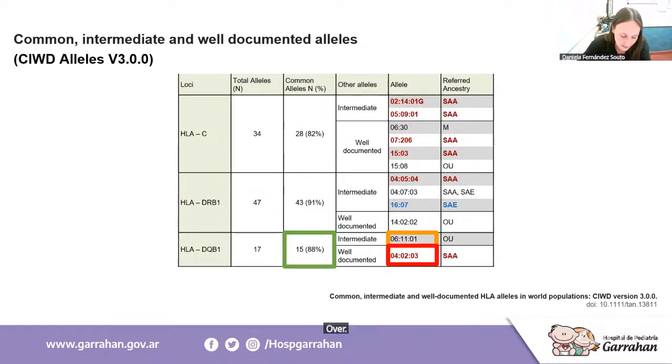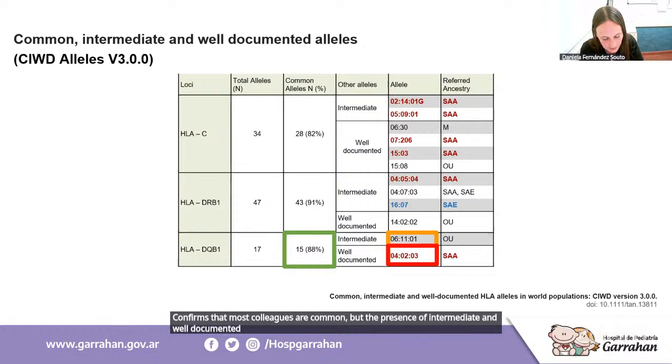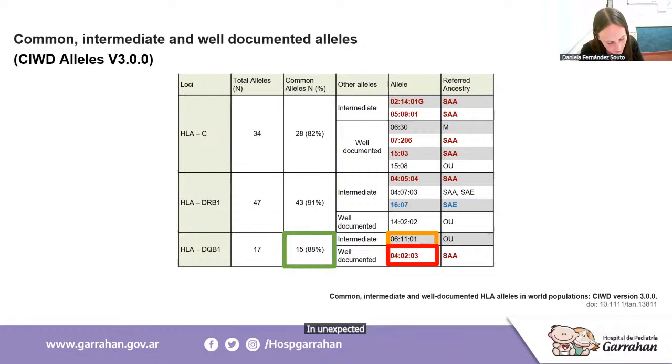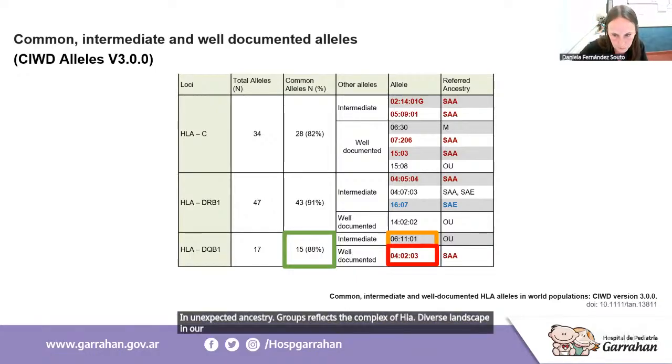Overall, this analysis confirms that most alleles are common, but the presence of intermediate and well-documented alleles, sometimes in unexpected ancestry groups, reflects the complex HLA diversity landscape in our population.